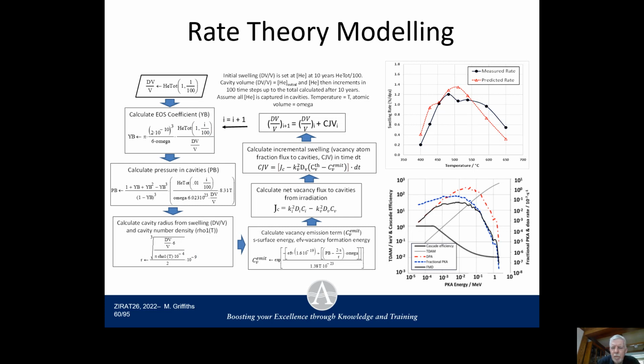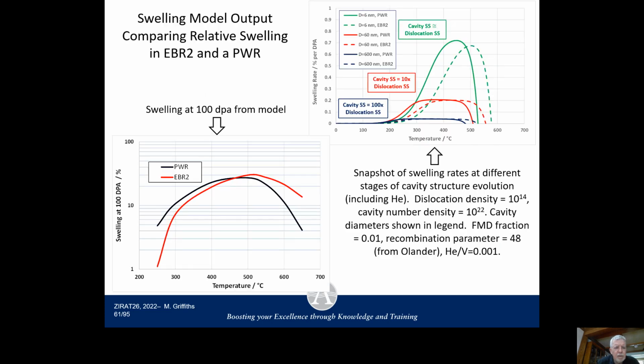That is, the number of defects that are left to migrate to sinks after the collision cascade. You can apply that model to show the relative swelling rate, whether it's true or not, of a PWR relative to a fast reactor, EBR-II in this particular case.